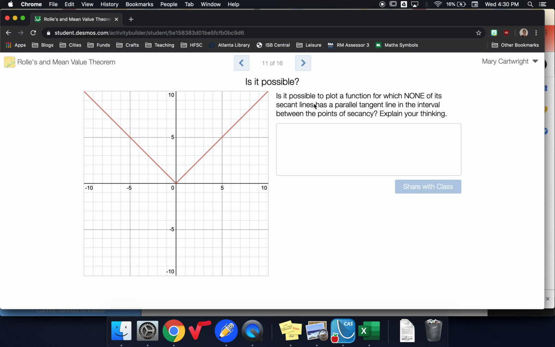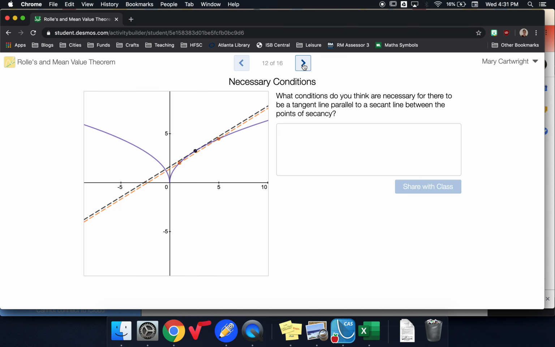So is it possible to plot a function for which none of its secant lines have a parallel tangent? I don't know. I'm going to let you think about that one. All right, so necessary conditions must be continuous and differentiable.